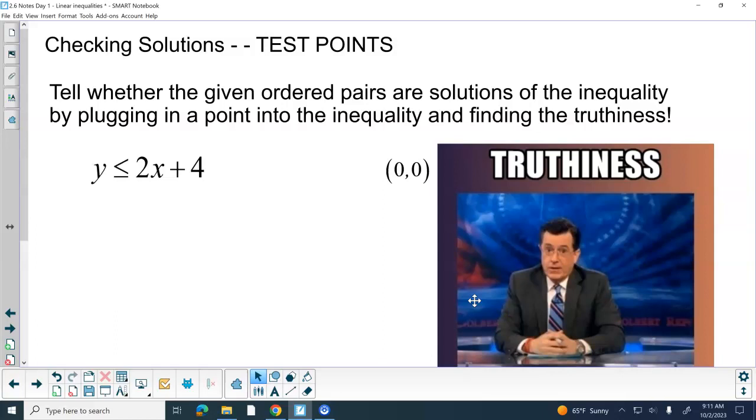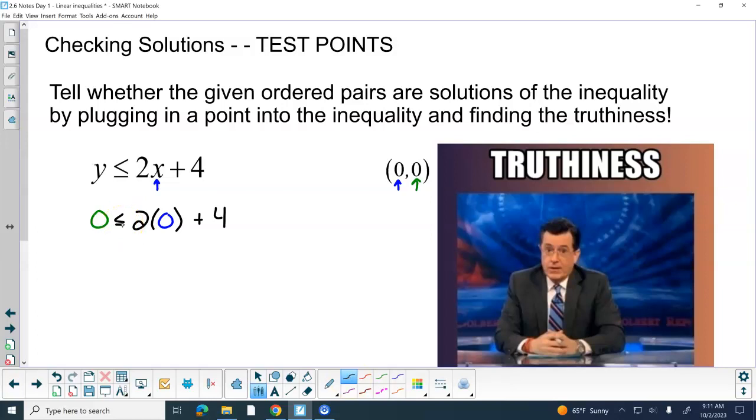So what's going to happen is I'm going to put 0 in for x. And I'm going to put 0 in for y. And I need to know the truthiness of that statement.